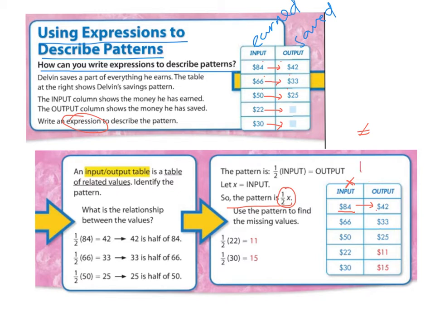So half of 84 here, and then when I multiply that, because it's right next to each other for parentheses, I would get my output. So for example, I could put half, and then I could put 66 in here, and I'd get my answer of 33. The other way that you could write that is x divided by 2, because that's the same as if you took half and multiplied it by x.